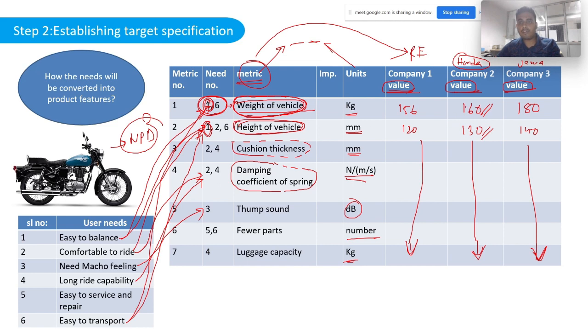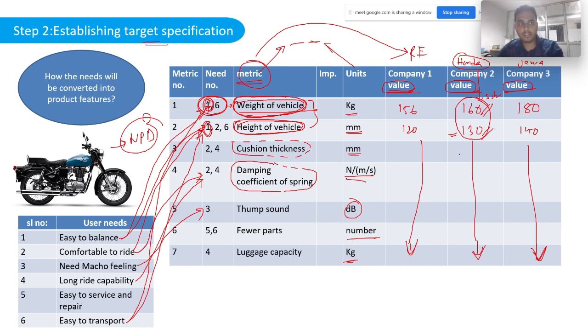Since Honda is the 5 star rater, these are the values they have used in their specifications. That is how we are going to target our specifications. Got it?